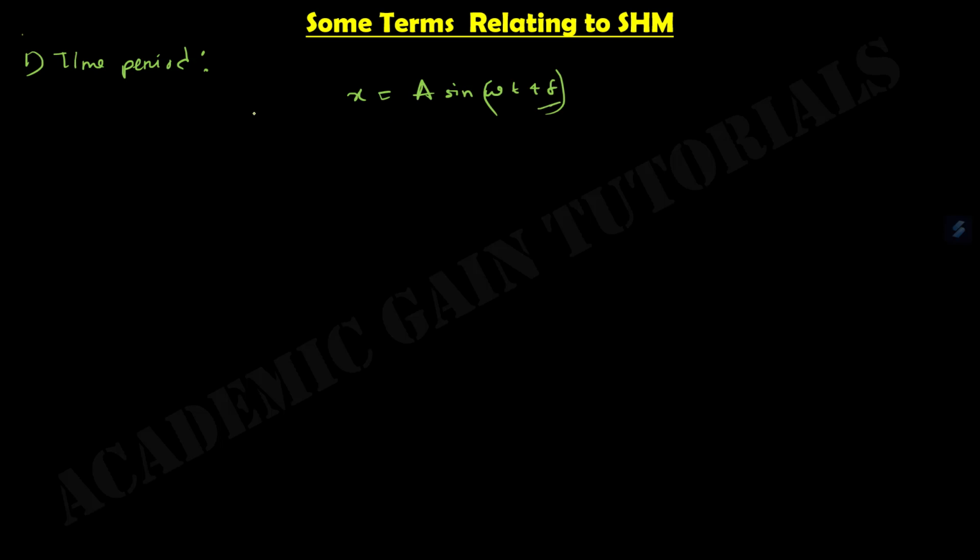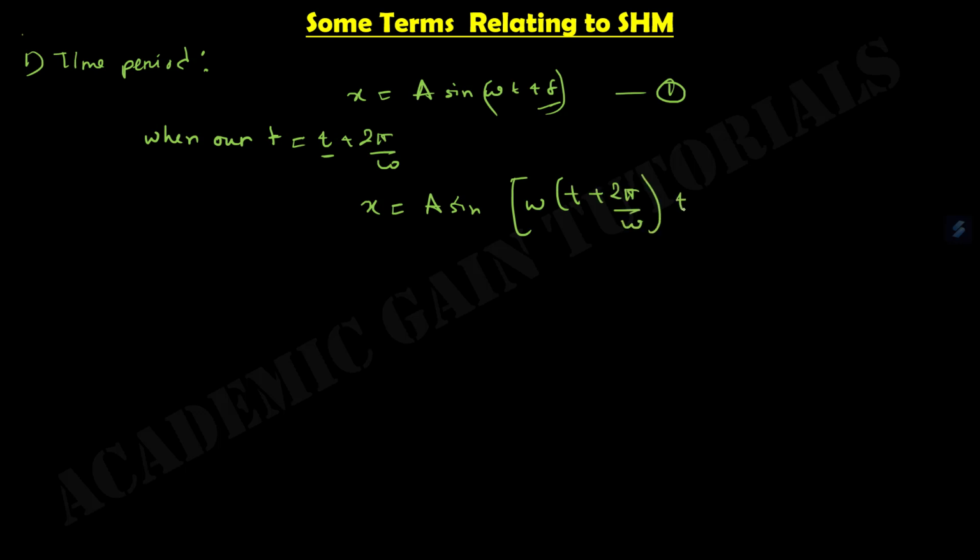Okay, now when our time is increasing by 2 pi by omega, that is, t plus 2 pi by omega, we increase our time by 2 pi by omega, then our equation will look like this: x equals a sine(omega t plus 2 pi by omega plus del).